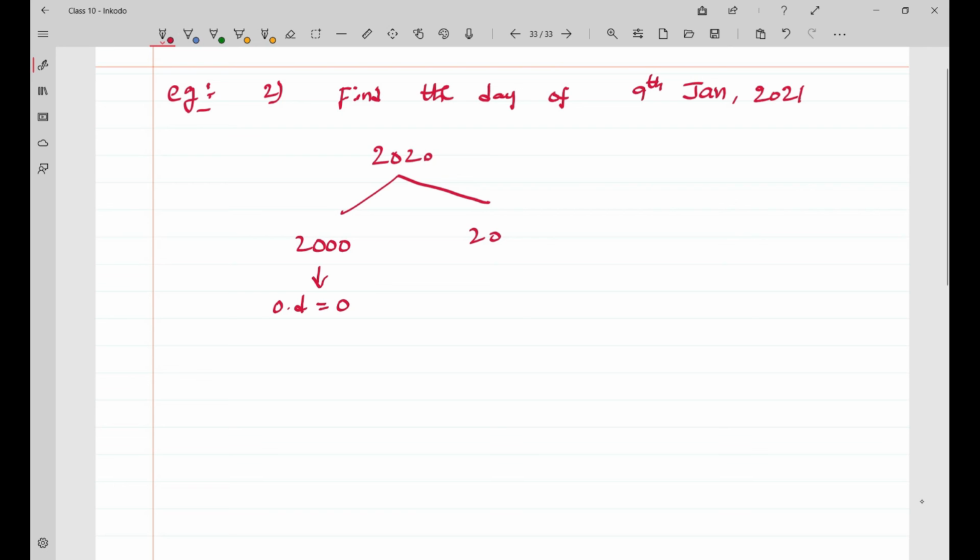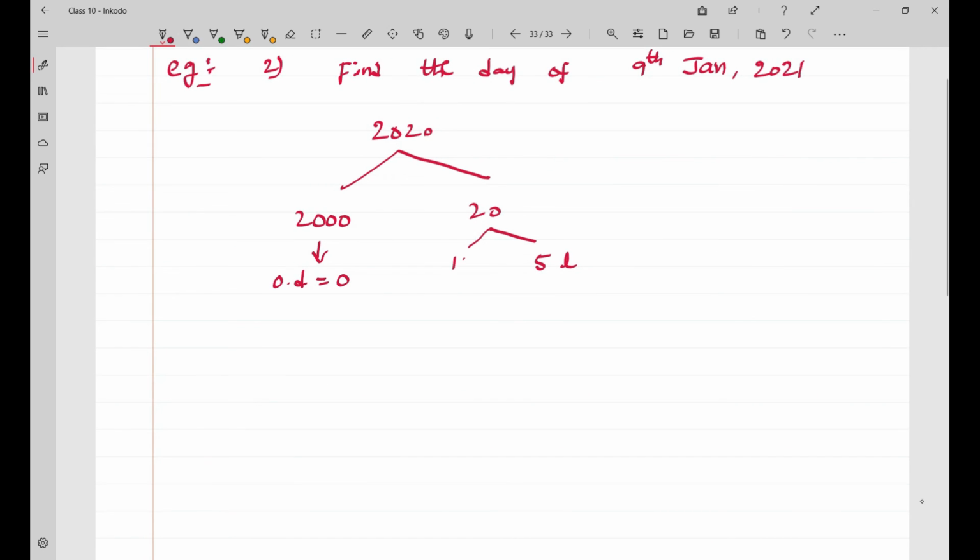And for the remaining 20 years, there are 5 leap years and 15 normal years. As we know there are 2 odd days in a leap year, so 5 into 2 equals 10, and there is 1 odd day in a normal year, so 15 can be multiplied by 1. 15 into 1 equal to 15.